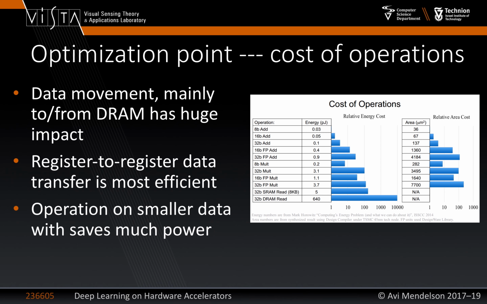So just look at the ratio between 640 and 0.9, which means that in real life today, the energy that I need in order to transfer data from DRAM to the core costs me almost 1,000 times or 800 times more than to compute the algorithm on this data that I move, which actually causes a major rethinking in designing of new systems.